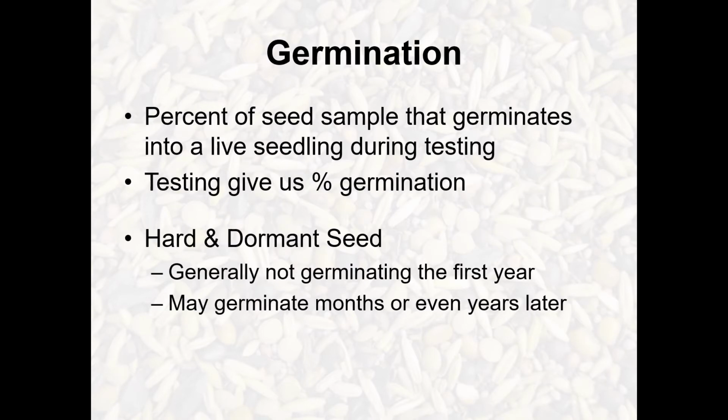Some seed needs stratification or scarification to germinate. Older seed germinates usually a little better than new seed. And if the seed is too fresh, say it was grown in the same year, you can have a delayed germination, and that's not always good, especially with cover crops.